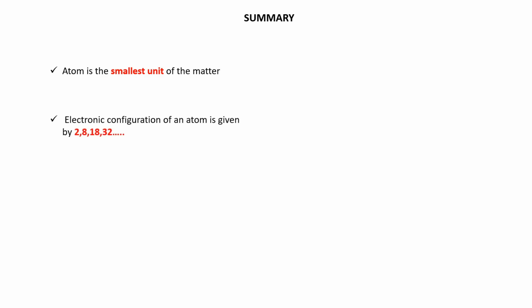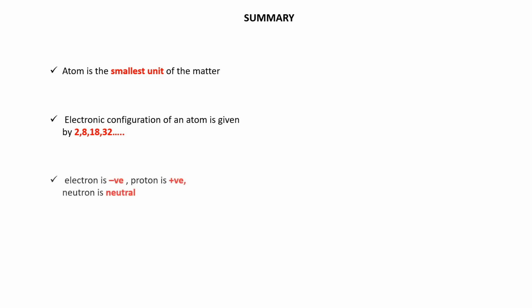Let's summarize all the points that we had seen in this video. The very first point is that atom is the smallest unit of matter. Matter can be solid, liquid or gas. The second point is electronic configuration of an atom is given by 2, 8, 18, 32. Now this 2, 8, 18 can also be 2, 8, 8 as we had seen in the chlorine example.